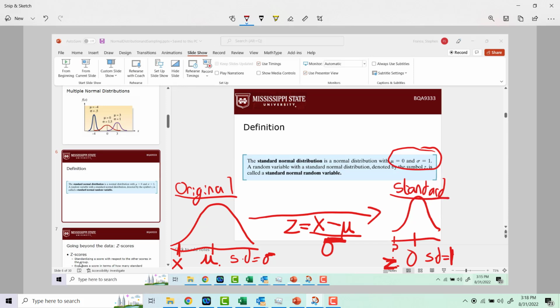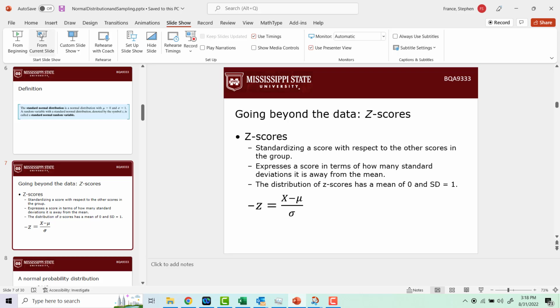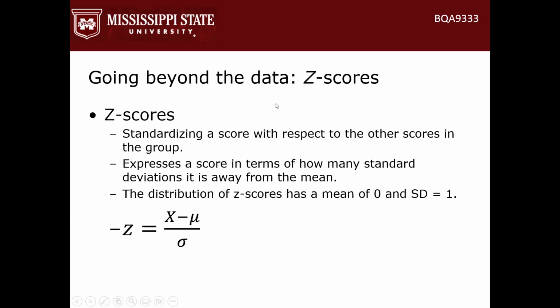Okay, and this leads us to the idea of this standard score, which we call a z-score. I just kind of showed you the mechanics, but it's basically a standard value with respect to other scores.